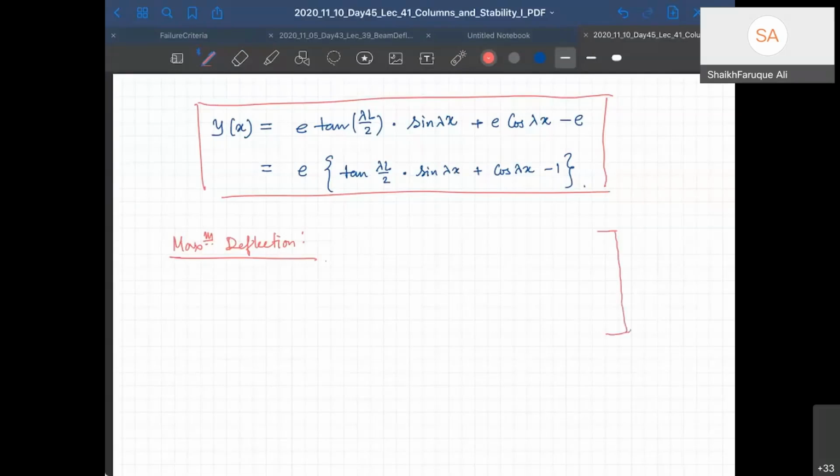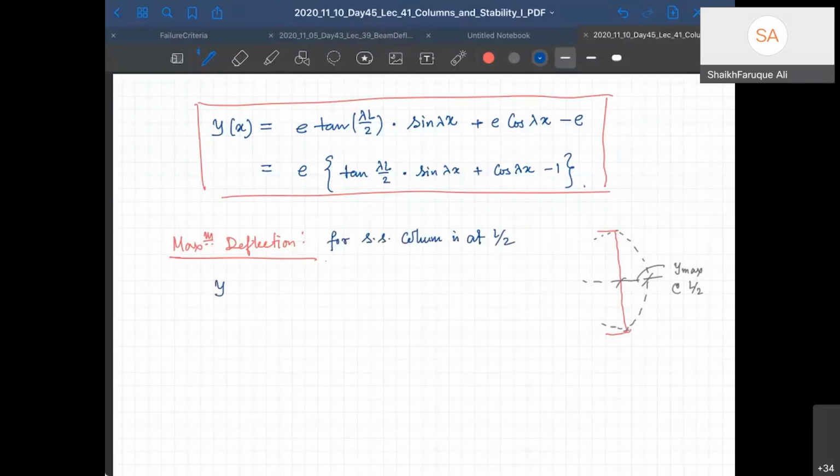So it's going to bend something like this. So your Y max is going to be at L by 2, right? I can use that symmetry here, with deflection maximum for SS column at L by 2.